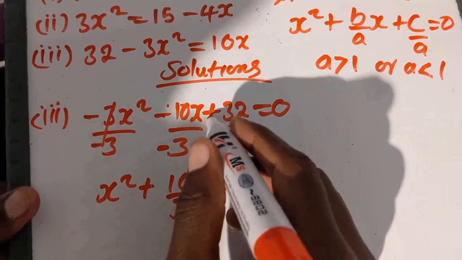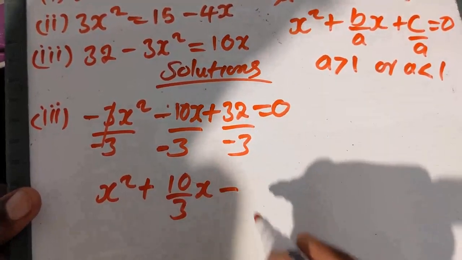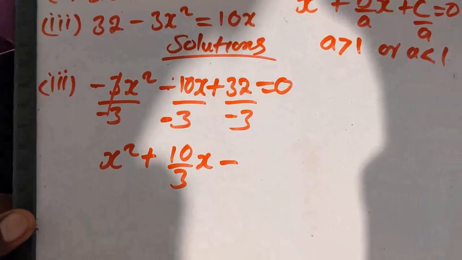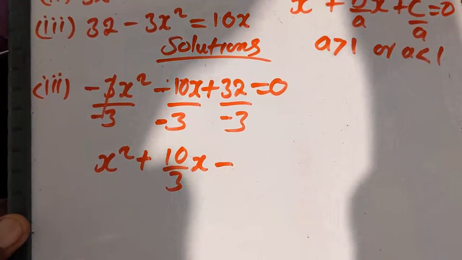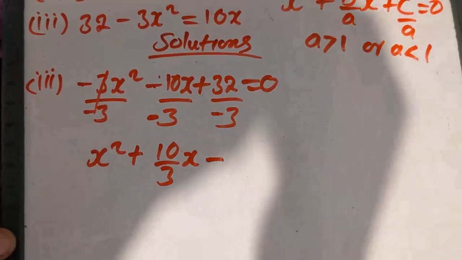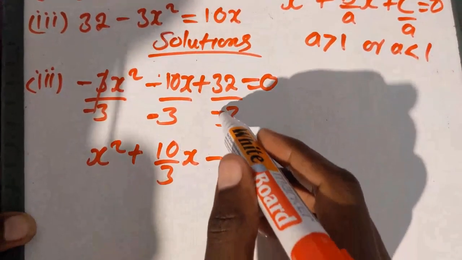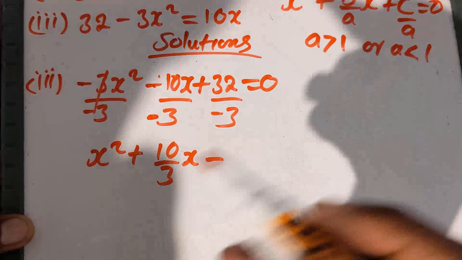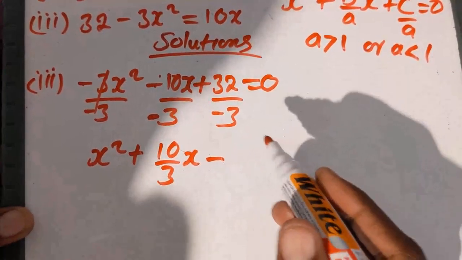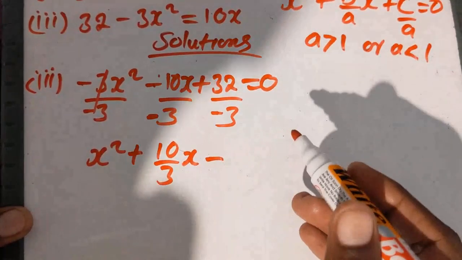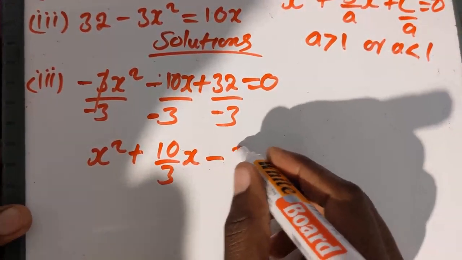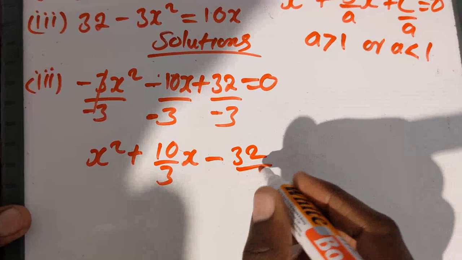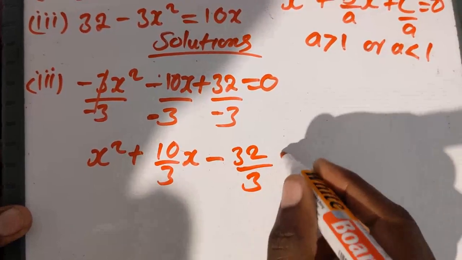Negative into positive, that is going to give you negative. When you multiply negative times a positive, it's going to give you negative. Okay, so from here 3 into that, it's not going to give you an exact number, it will be in decimals, and you're not using a calculator, so we are going to say it's 32 divided by 3, then equal to 0.